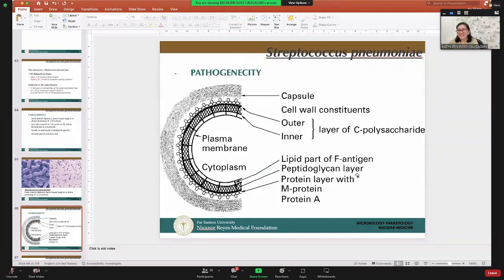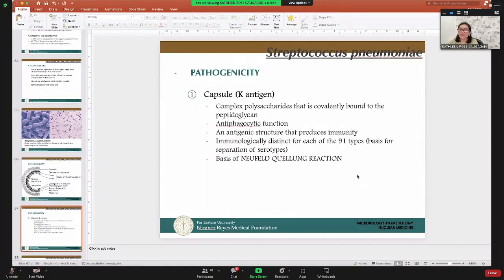Okay, so just a rundown of the different virulence, adherence, and antigenic factors of Streptococcus pneumoniae. Nakakaantok to. So we start with the capsule, or the K antigen, present on the cell wall. The capsule always has an antiphagocytic function and produces immunity.